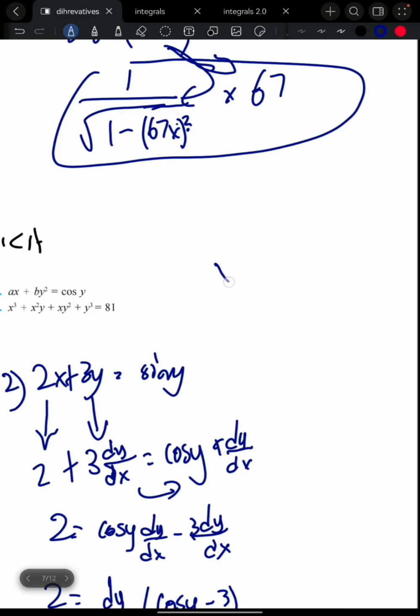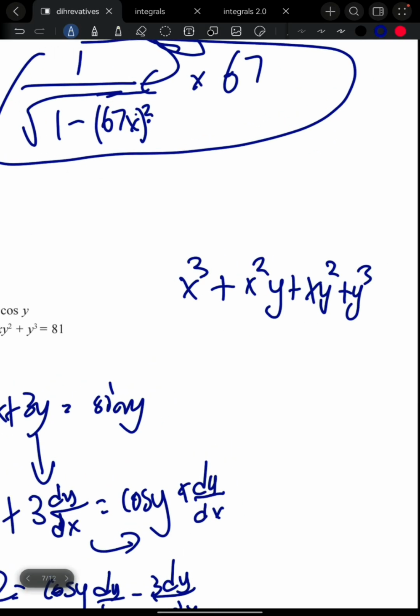Okay, yeah. We have x cubed plus x squared y plus xy squared plus y cubed. Oh, I almost thought it's a cubic, but it's not cubic. I thought this was gonna be like x plus y whole cube, but it's not. Life can't be always this easy. Anyways, differentiate x cubed.